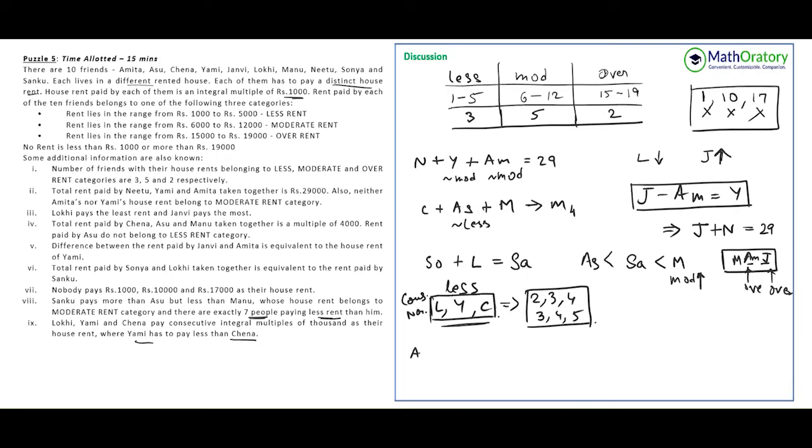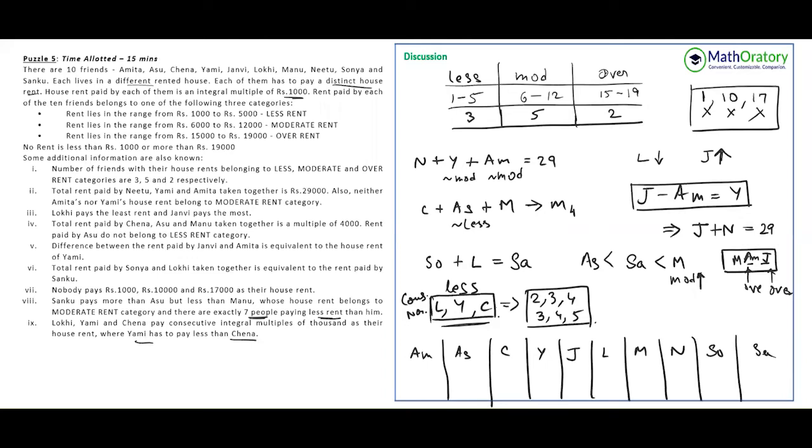So we have Amita, so in the order that is already given, I don't care about that part. Y, J, L, M, N, S, O, and S, A. So these are the names here of the friends. I already know which people are in which category, right?